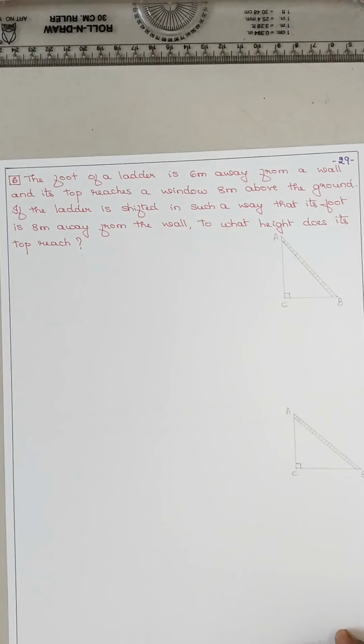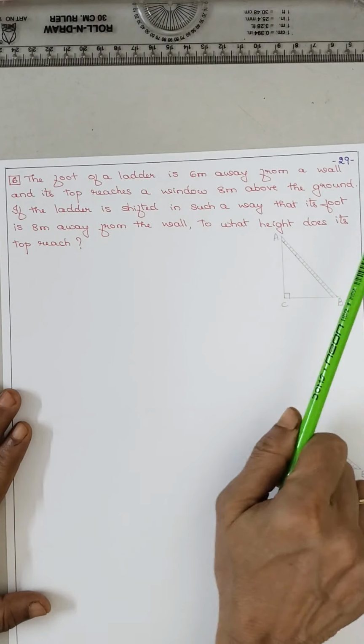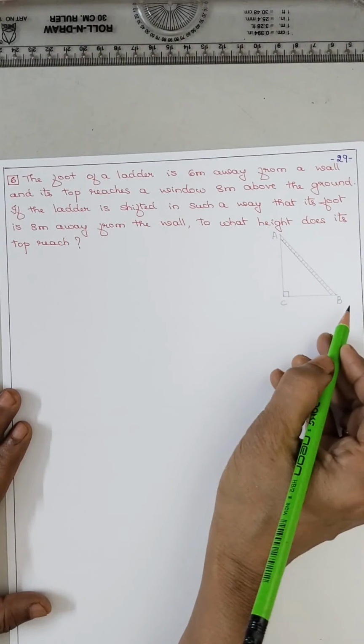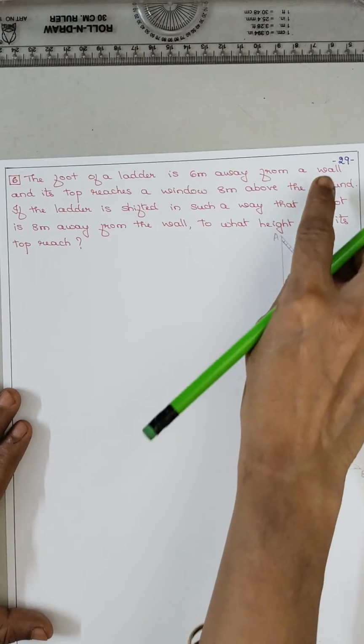Now coming to the sixth sum, it's a little bit complicated. Already in the example we have understood this sum, only half part. The second half we will understand. The foot of the ladder is 6 meters away from the wall. So if AB is the ladder, it is away from the wall.